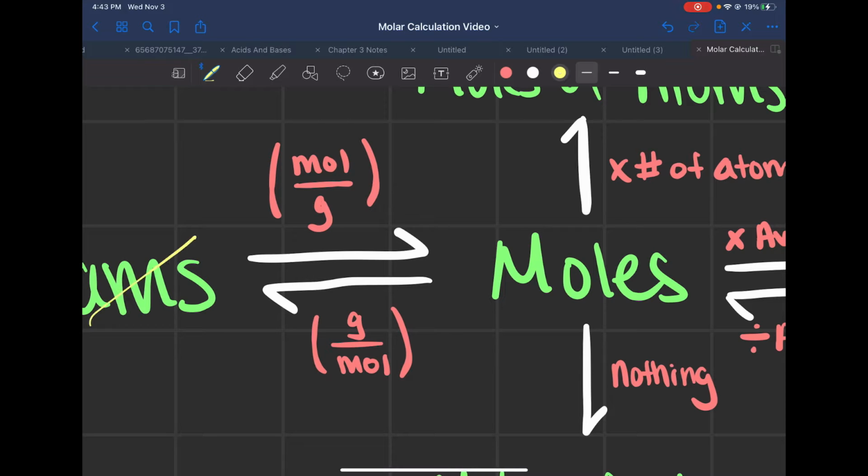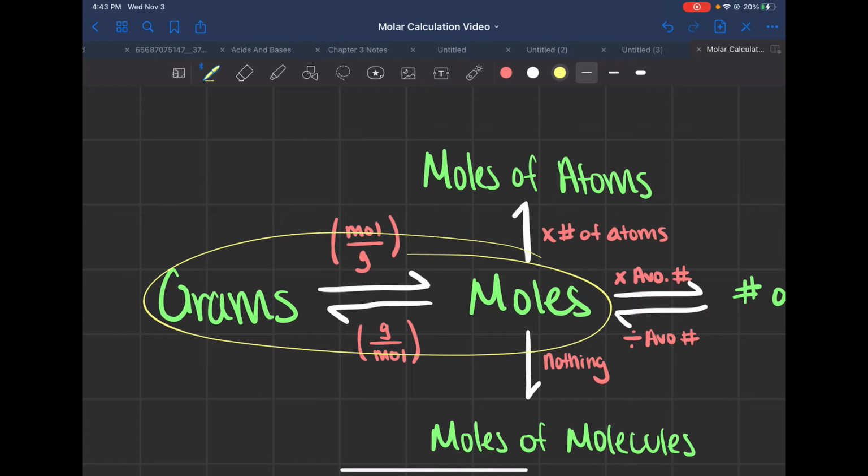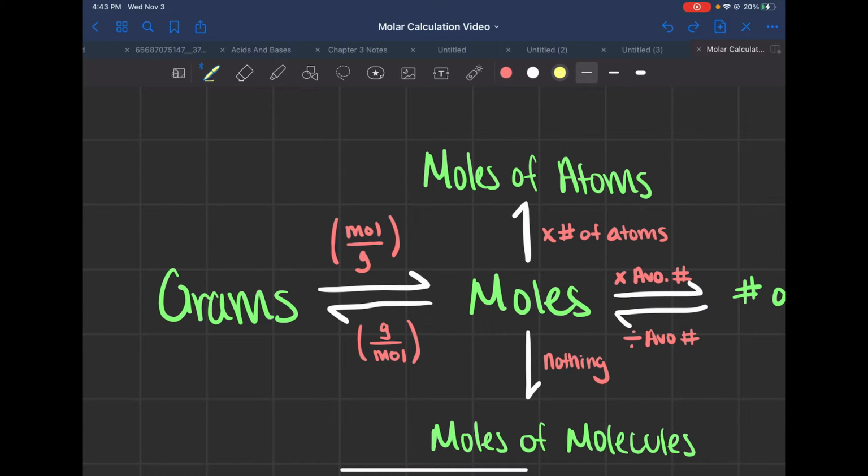So our grams will cancel out and we're left with moles. If we wanted to go from moles to grams, we multiply by the molar ratio we calculate using the periodic table. We take our mole value, multiply across, our moles cancel out, and we're left with grams. These are first and foremost the majority of the problems that you're going to have: just converting between these two values.